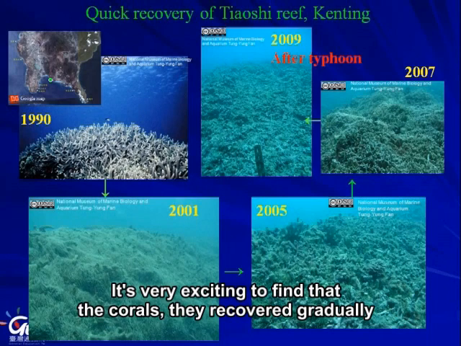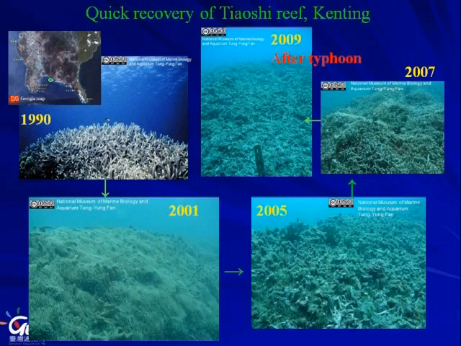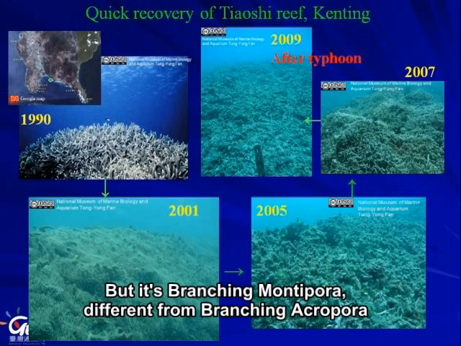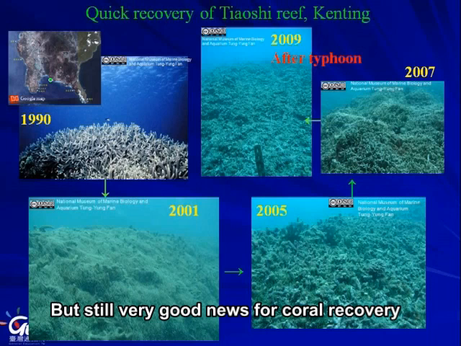And it's very exciting to find that the corals, they recovered gradually. And in 2007, some area they have been recovered by stony corals again. But it's a branching Montipora, different from the branching Acropora, but still very good news for coral recovery.